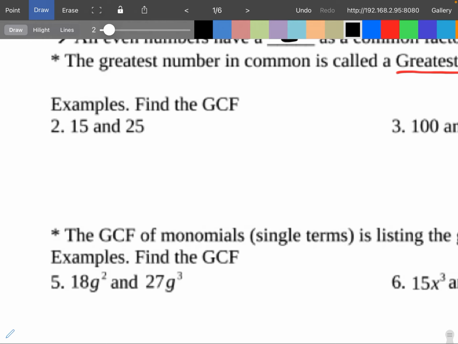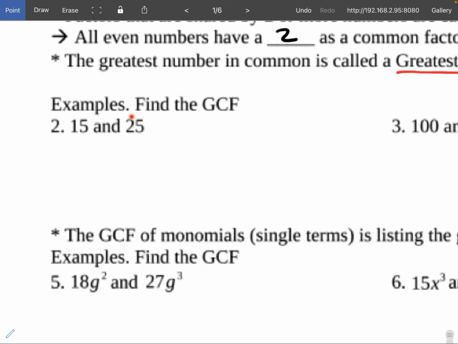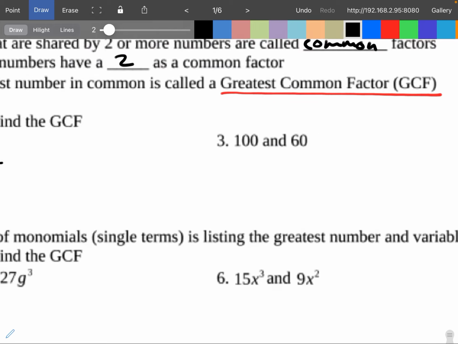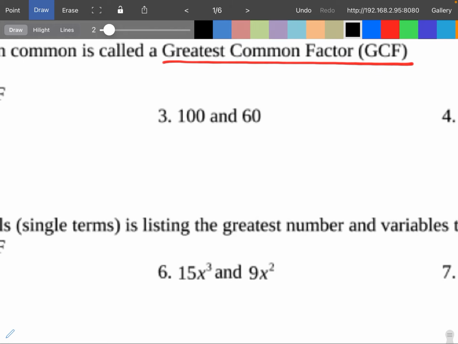So when you look at number 2 here, the 15 and the 25, you want the largest number that divides evenly into both of those. What did you say, Kyle? Yeah, it's 5. So the GCF, the greatest common factor, is 5. Again, it's the largest number that divides evenly into both 15 and 25.